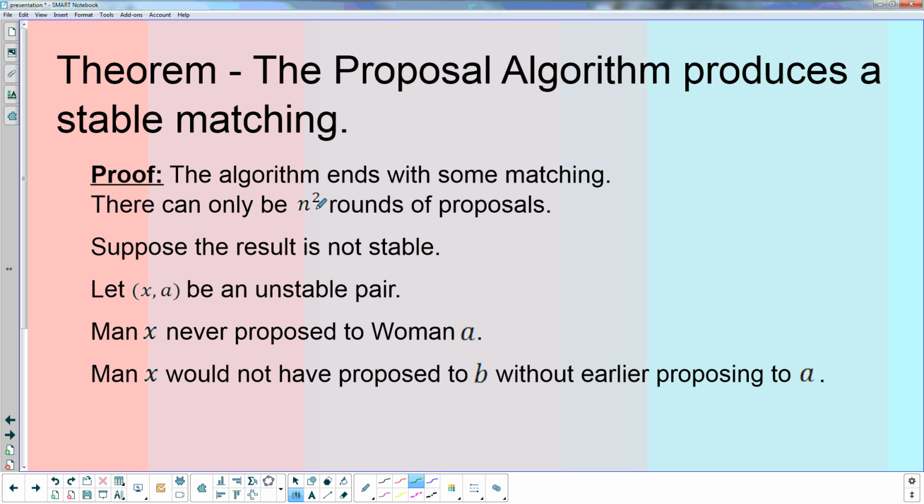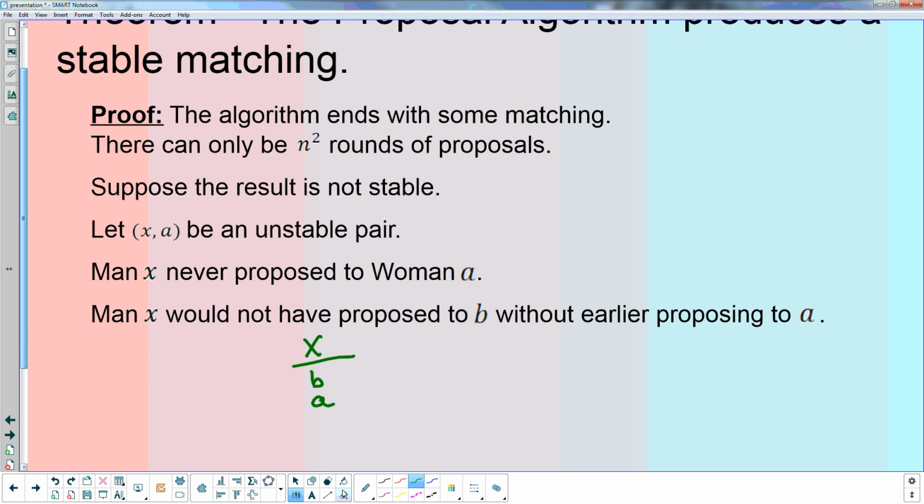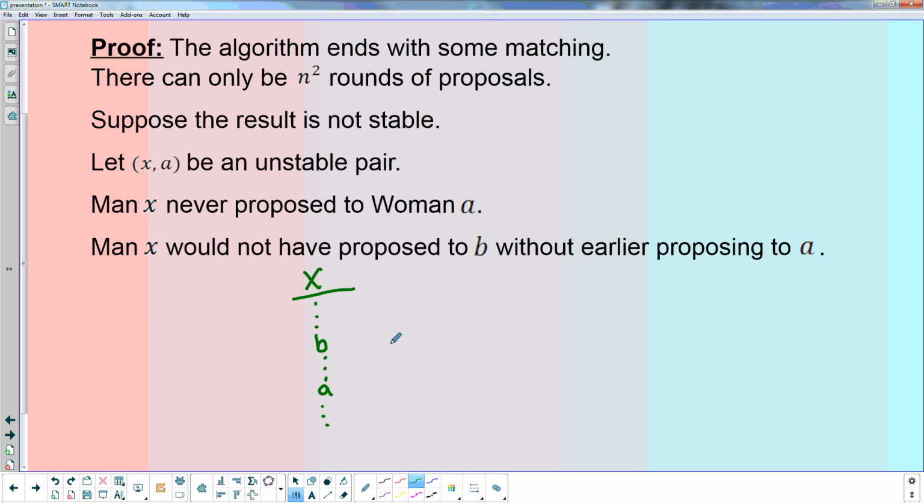So in essence, if we have man X's list here, it goes B, A, with maybe some stuff at the start and maybe some stuff at the finish, and even maybe things in between. So maybe we should say his ranking list has some form of B, and then A, and then some other stuff at the end. That's how his list looks.